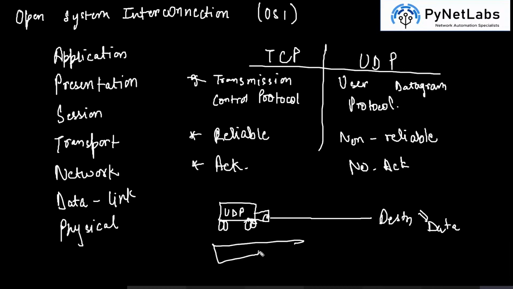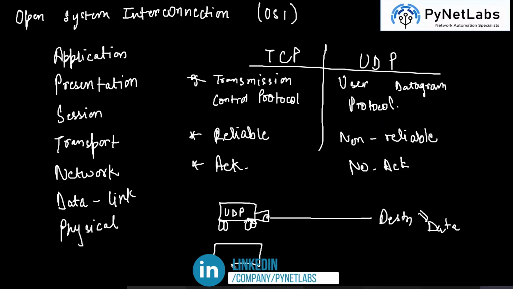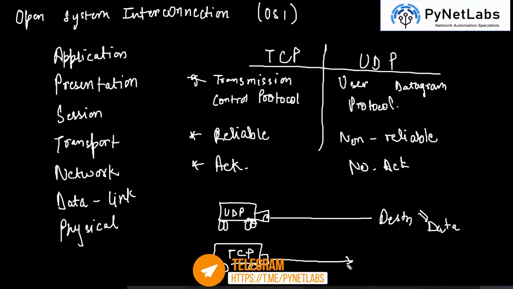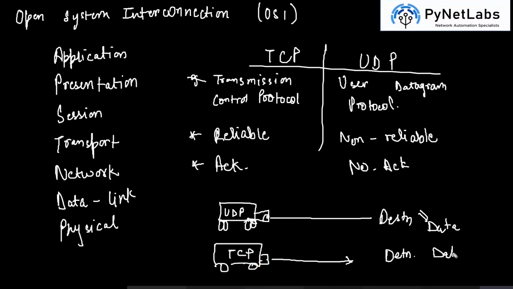However, if we send the data over TCP, the TCP truck will reach the destination, deliver the data, and after delivering will come back and acknowledge that I have successfully delivered the data. So this is why we call it a reliable source, and UDP is known as a non-reliable source.